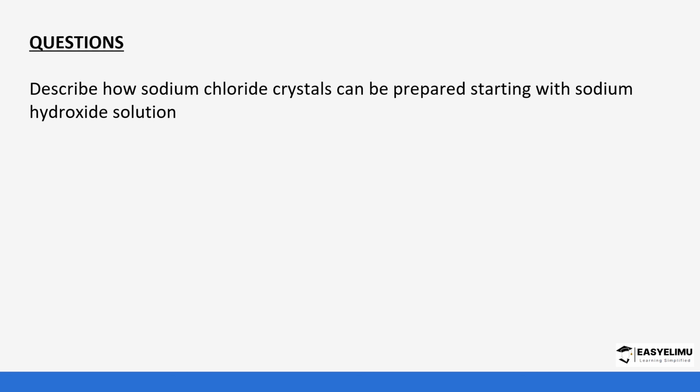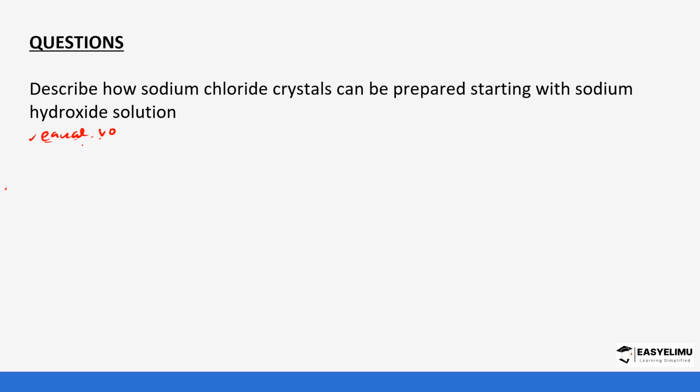So let's look at a few questions in regards to the three methods we have just discussed. Describe how sodium chloride crystals can be prepared starting with sodium hydroxide solution. So we said that we are going to measure equal volumes of sodium hydroxide solution and hydrochloric acid solution.